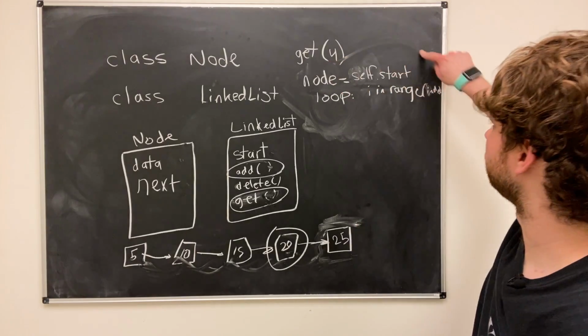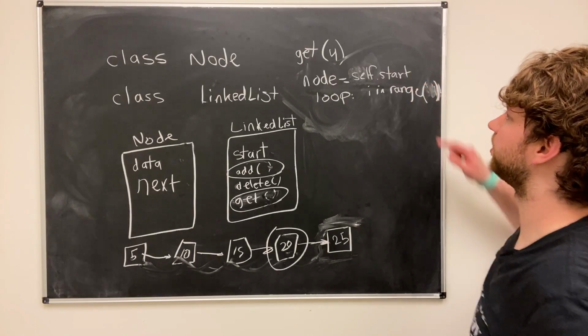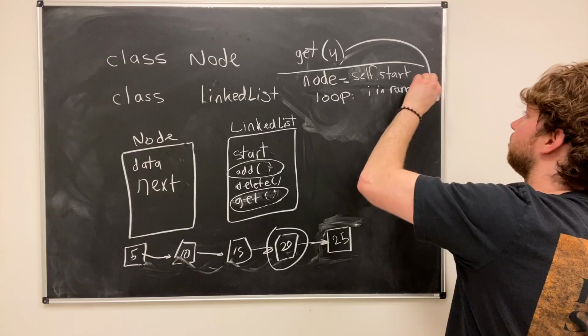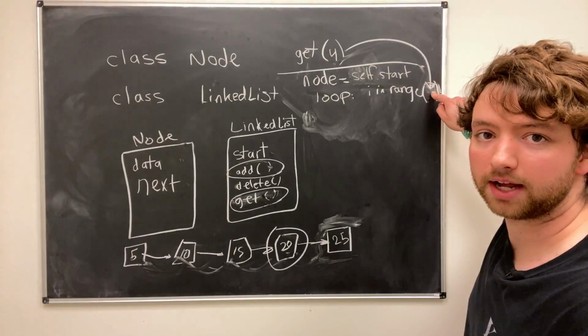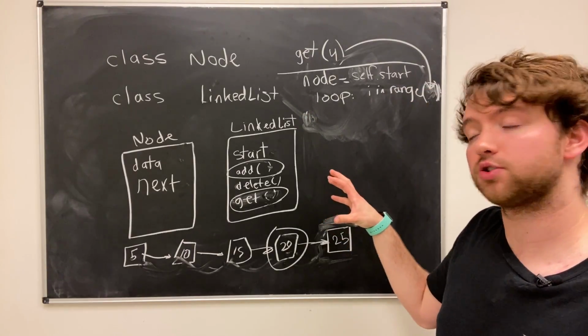So this value 4 would go here inside of these parentheses. I ran out of space, but you would create a variable there. So 4 would be parameterized to go right there. So 4 is that variable, and that's going to be passed into this range. So this loop will happen 4 times in this situation.